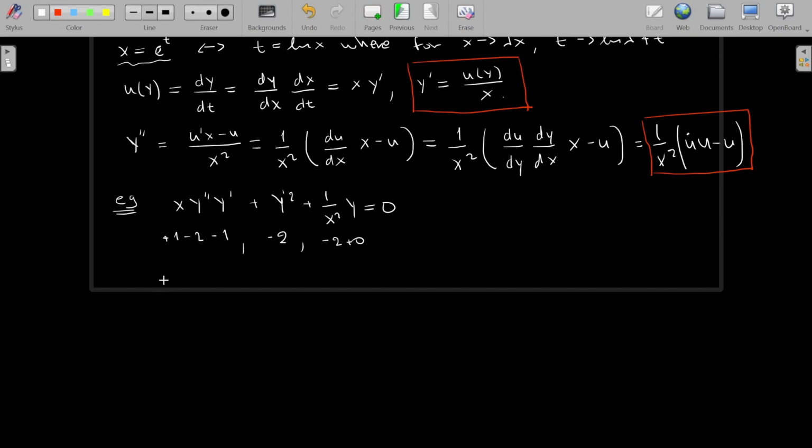So we have x times this guy, so 1 over x squared u dot u minus u, times this guy, which is u over x, plus this squared plus 1 over x squared y is equal to 0.